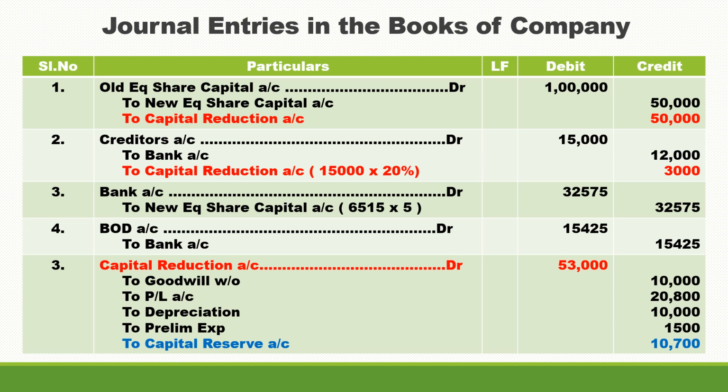Used to write off goodwill 10,000, PL account 2,800, depreciation, that's called overvaluation, 10,000, prelim expenses 1,500. Then we get capital reserve as the balancing figure. We get 10,500. Students, prelim expenses is 1,500. Balancing figure we get 10,500.